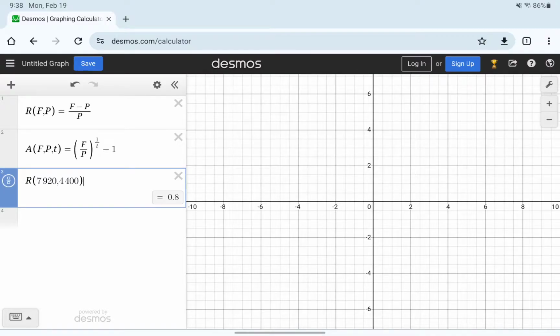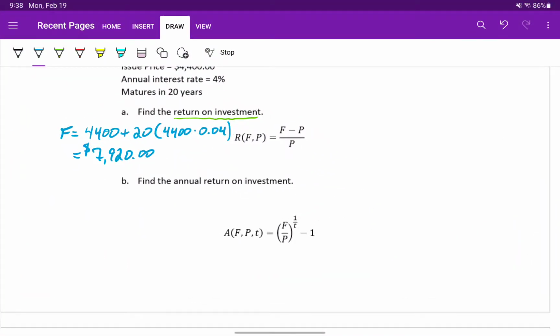So our return on investment is 0.8 or 80%. What that's telling us is that our original investment of $4,400 grew by 80% when we hit that $7,920 at the end of this 20-year period.